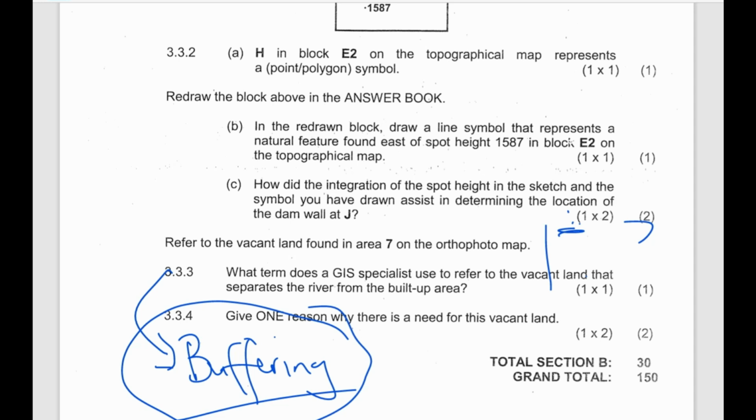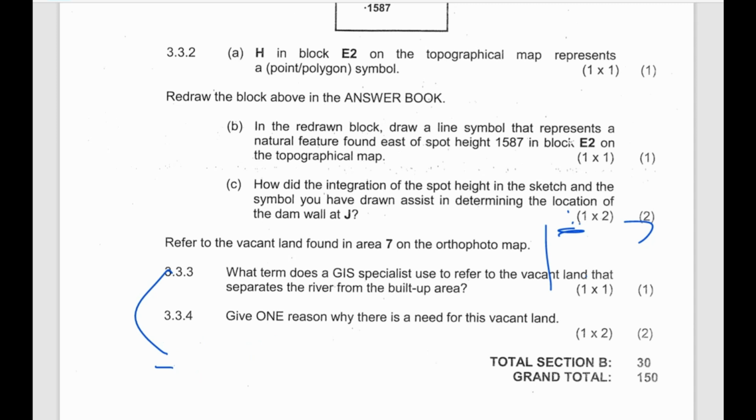Right. Give one reason why there is need for this vacant land. Why should we create a buffer zone between the river and a settlement? Right. The major reason there is to avoid the pollution of the river by human activities in the settlement.